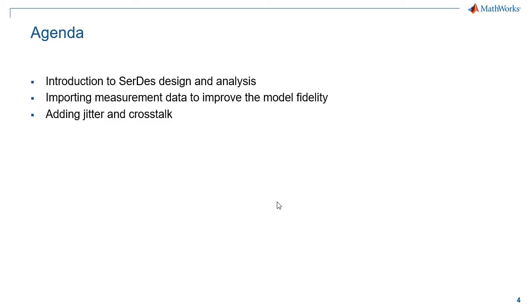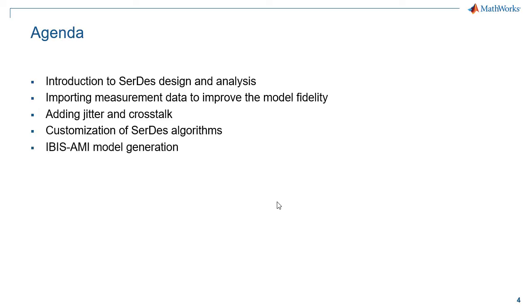We will include channel dispersion, crosstalk, and transmitter and receiver jitter. While elaborating the SerDes system design, we will see how an accurate model of the SerDes transceiver can help to assess the implementation trade-offs and to determine adaptation algorithms. For example, we will see how to determine such things as the type of equalization, the number of taps, or the strategy of optimization. At last, we will discuss the importance of IBIS-AMI model generation.